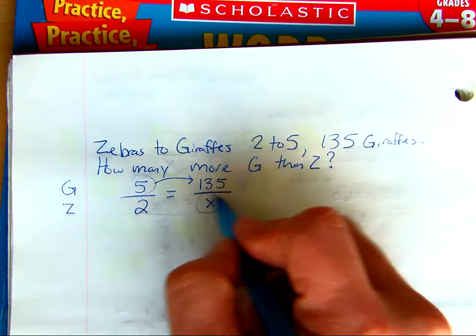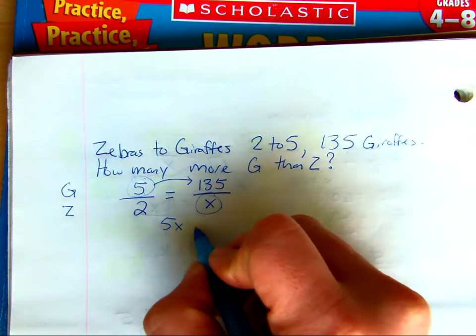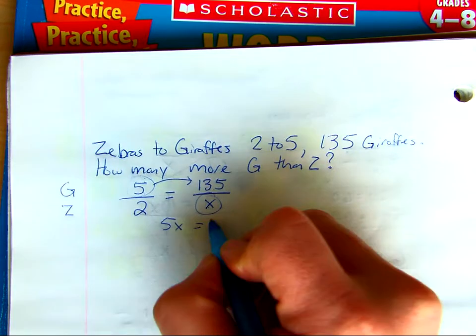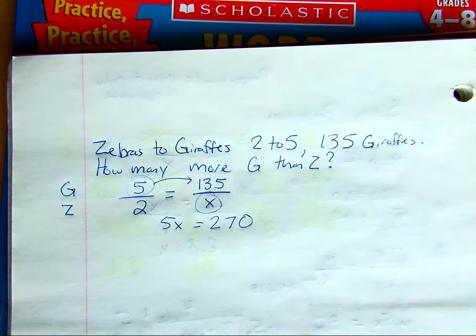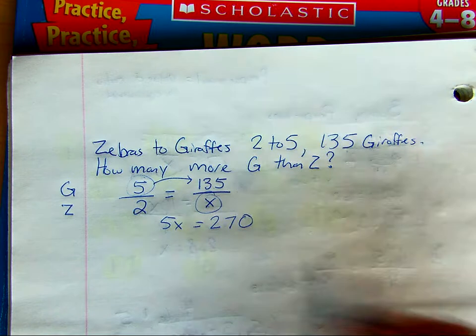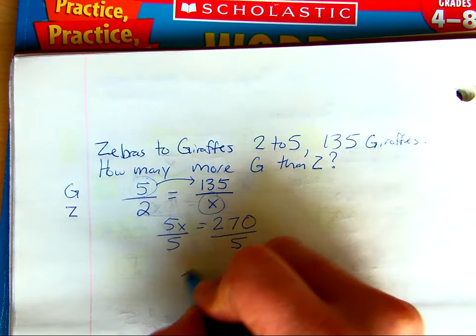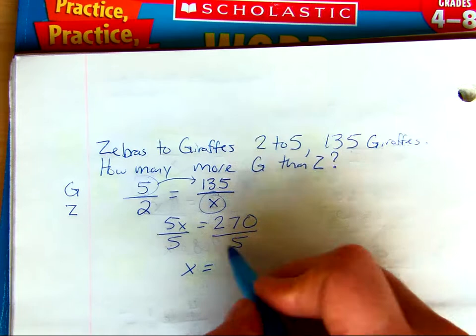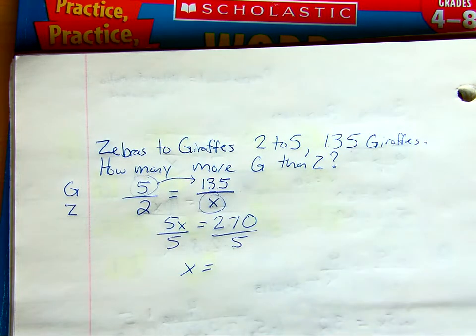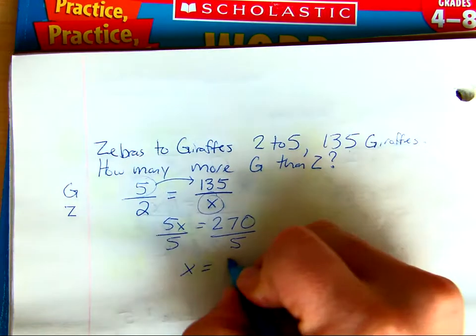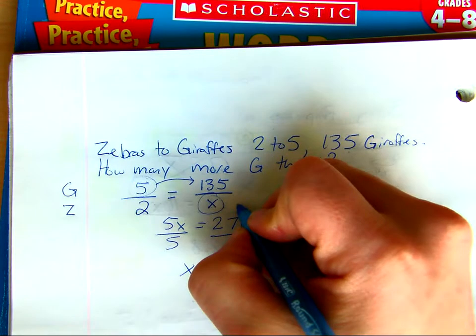5 times x is going to be 5x. 2 times 135 is 270. Now, I divide by 5, divide by 5. So x is ultimately going to equal 270 divided by 5, which gives me 54. So x is 54, right?